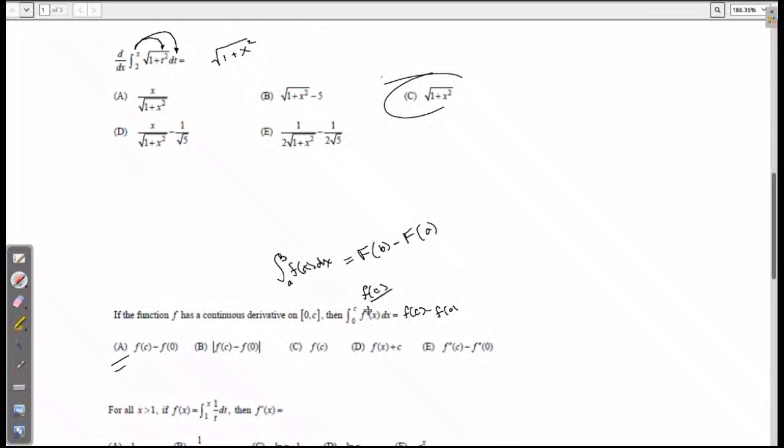But because they're asking us to evaluate this integral, they're really asking us to do a very straightforward antiderivative substitution. So let's keep going. Three more problems that we need to do, and then we'll be done.